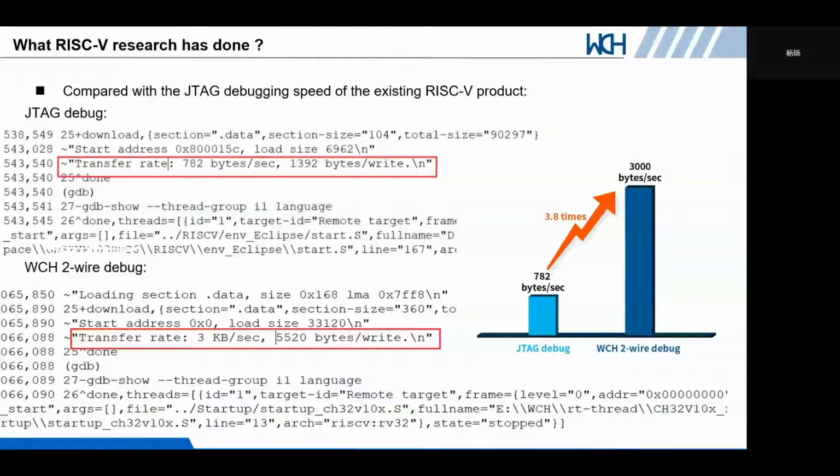Compared with the JTAG of existing RISC-V products, the measured debugging speed is 3.8 times. We call on colleagues in the RISC-V embedded field to also consider changing the default JTAG debugging mode to two-wire debugging mode, which can save I/O resources while increasing the debugging rate.